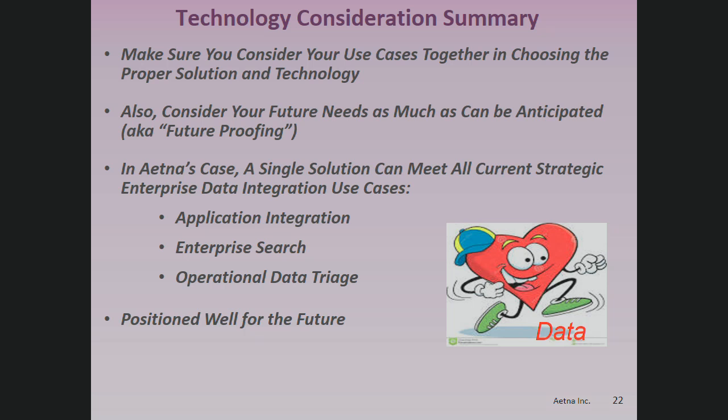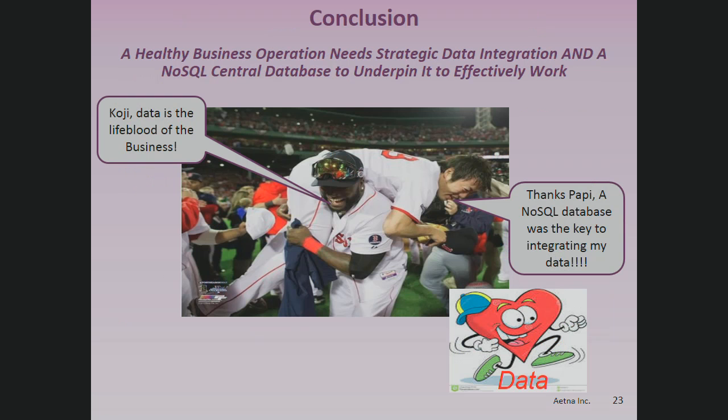So again, you need the database. The database needs to be NoSQL to make it work. And so that is the conclusion of where we're at with Aetna's journey. And again, you need a database, you need the NoSQL.